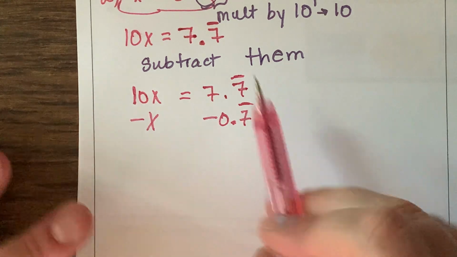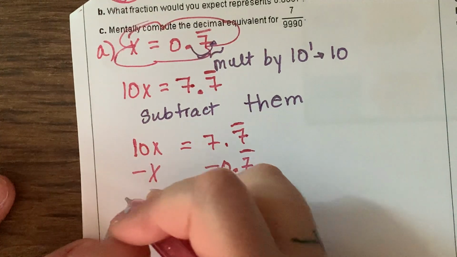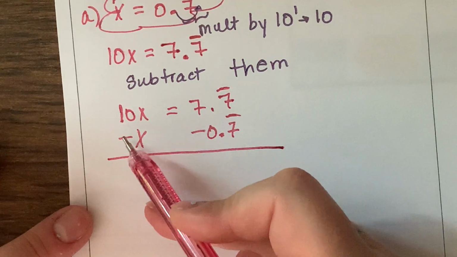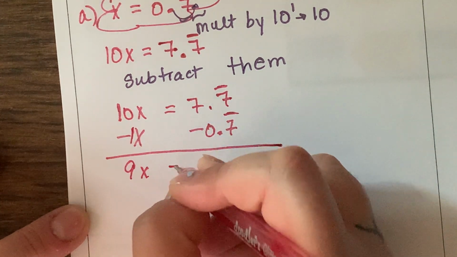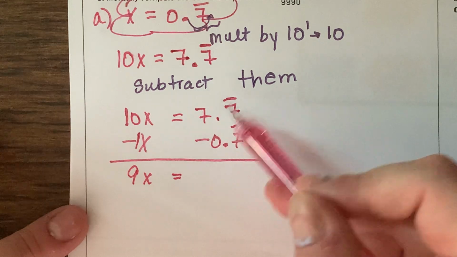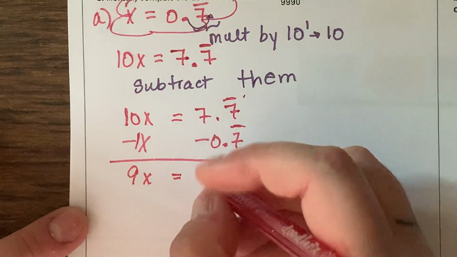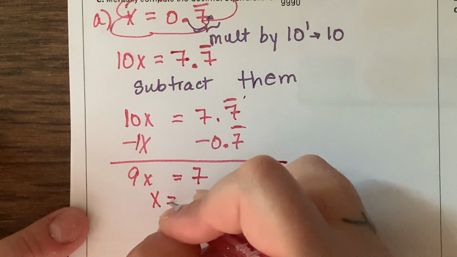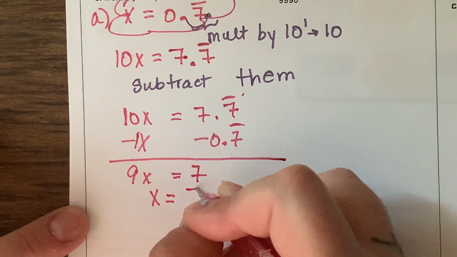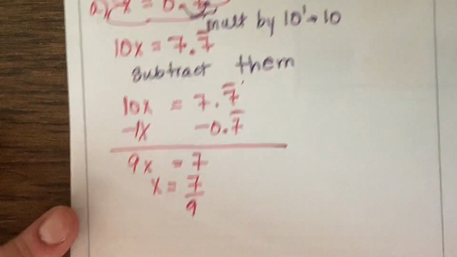And when I subtract off that original, let's see what we get. 10x minus a pretend 1x is 9x equals 7.7 repeating minus 0.7 repeating, which is just 7. So divide by 9, and we get 7 over 9.